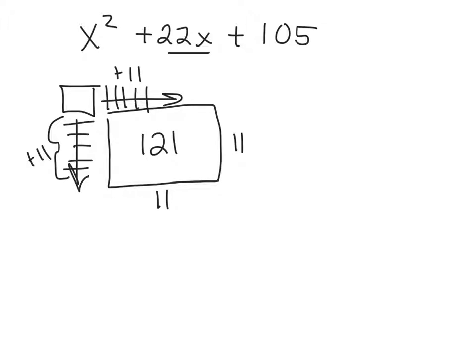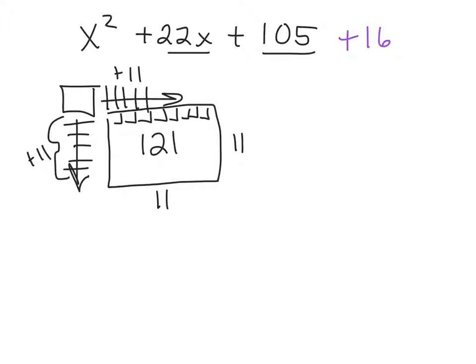So that means we needed 121 of those little boxes in here to be able to create this perfect square. Okay, so we notice that we only have 105 of those. So since we need 121, but we only have 105, we have to add 16 more. So we're going to add 16 more.